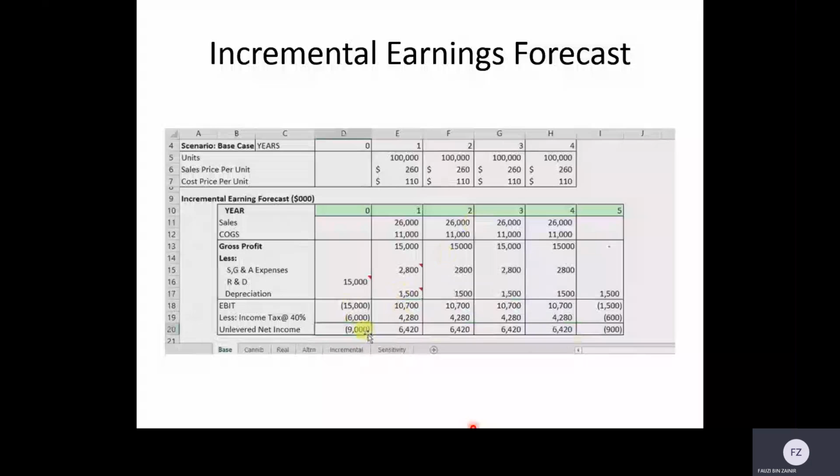So all in all, what we can see is that the cash flow for year 0 is minus 9 million, year 1 is 6,420,000 until year 4, and year 5 is around 900,000.